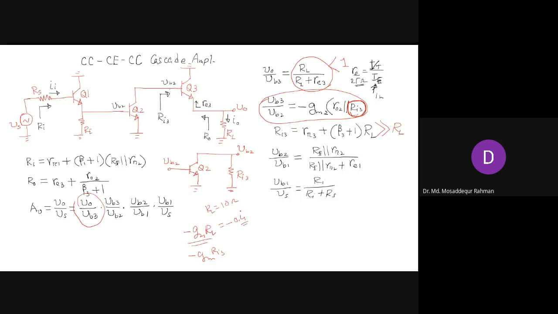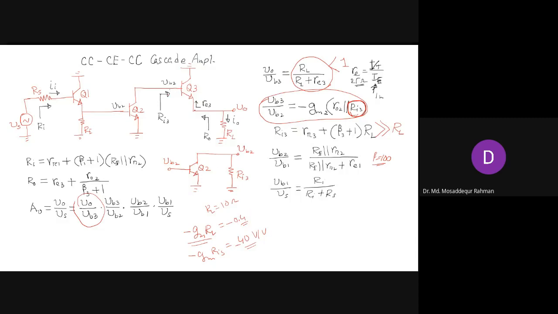Now, with this modified circuit, RL gets multiplied by beta plus 1. If beta is 100, the gain will be almost 100 times greater. Multiply 0.4 by 100 and you get 40. So we can improve the gain almost 100 times by adding this.